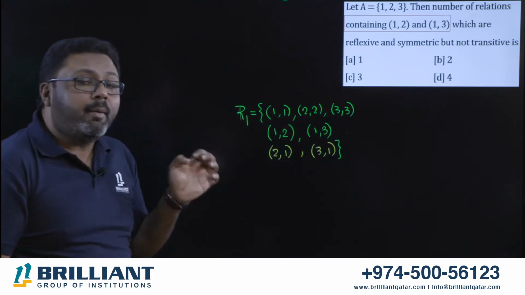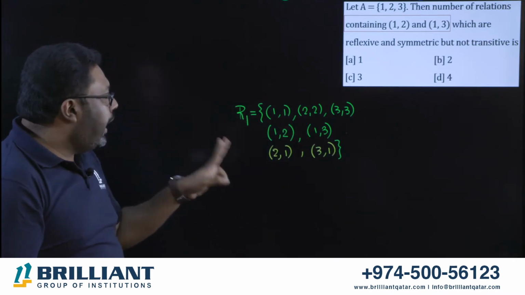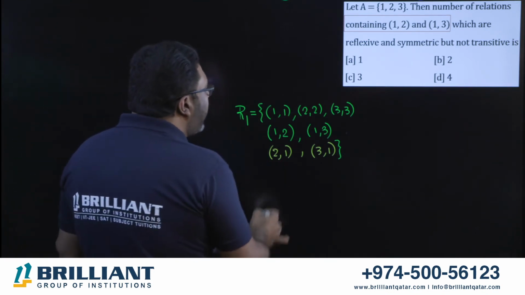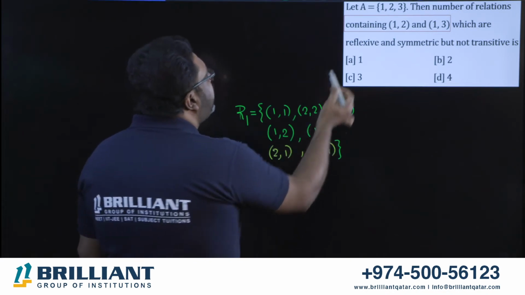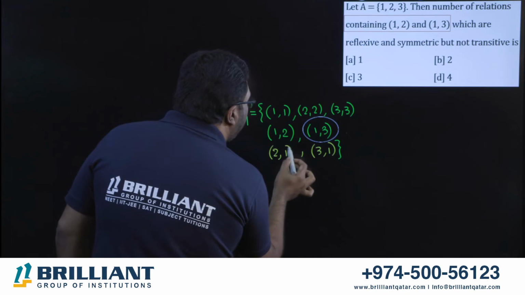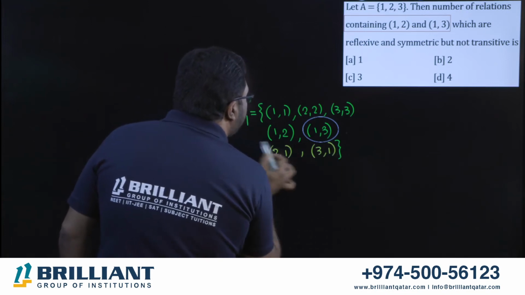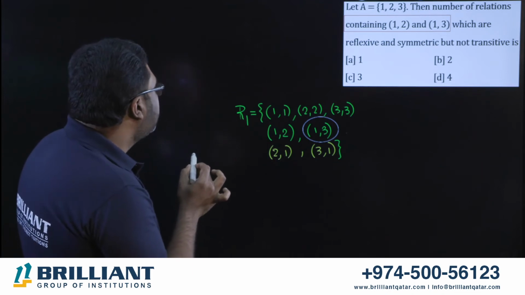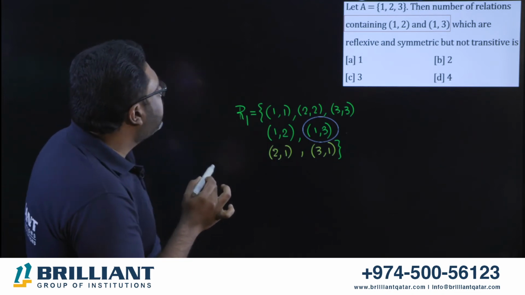Let us find a pair which looks like AB, BC, but no AC. AB, BC. Okay. Now this is something which most of you will not be able to find out. Look at this now. 1, 3 is there? Yes.